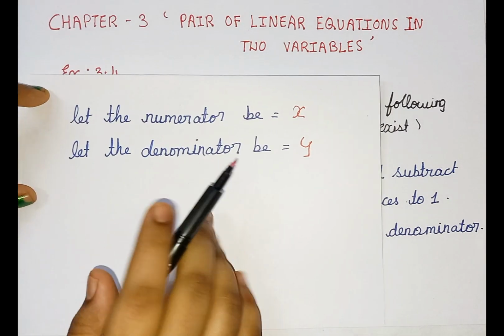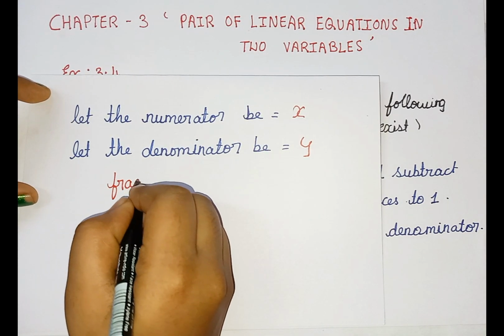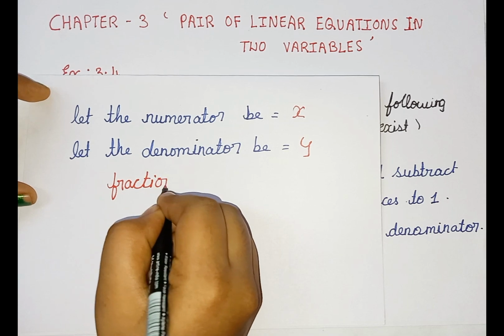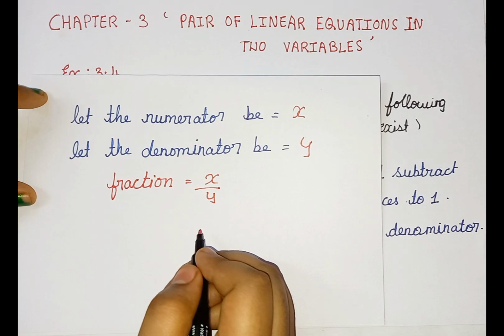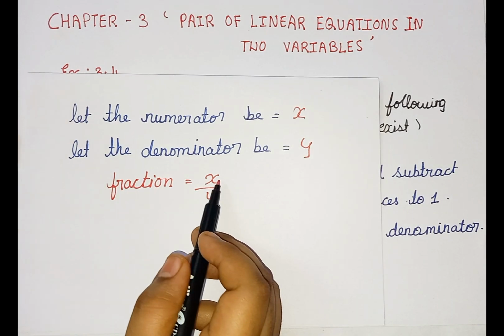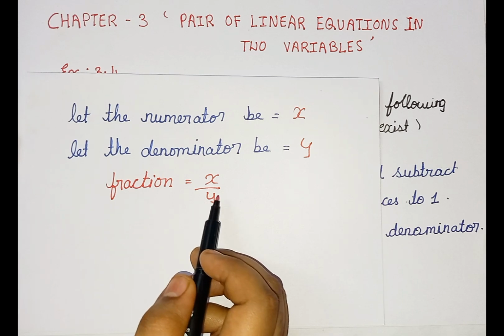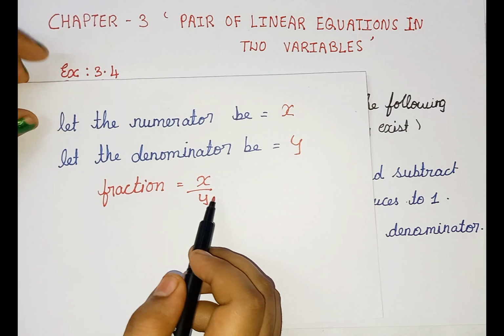Here we assumed two values, so now we are going to take the fraction as x by y. Why? Because they are talking about the fraction. So this is a fraction, isn't it?